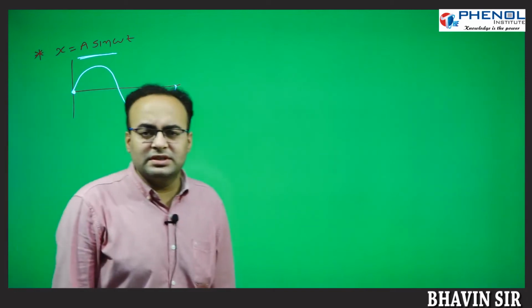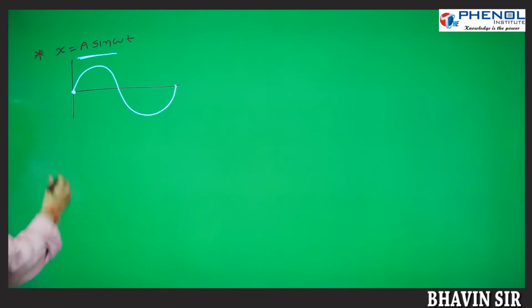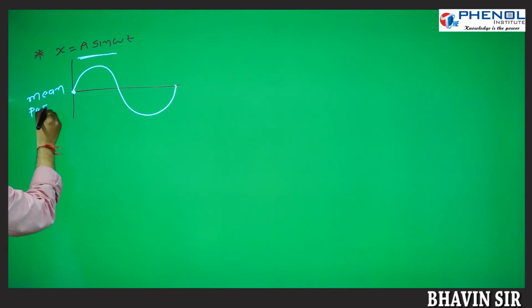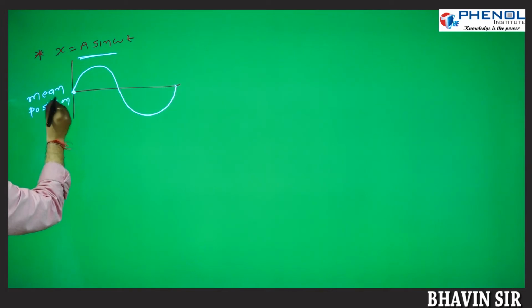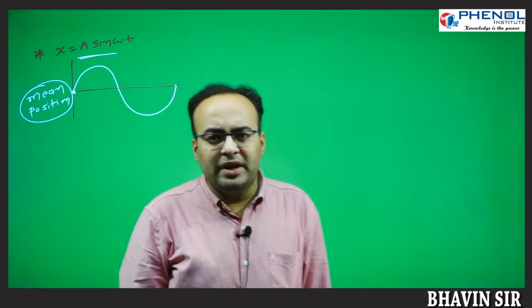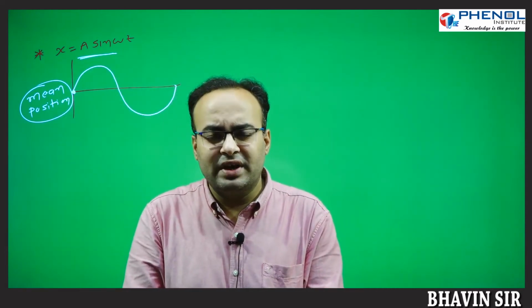Why sin, students? If oscillation starts from mean position, means 0, then why do we take sin, x equals a sin omega t?